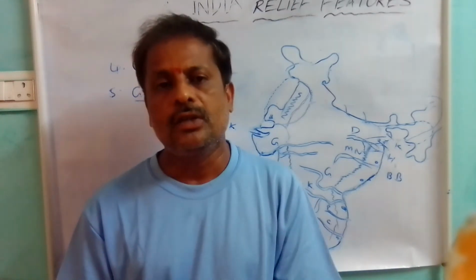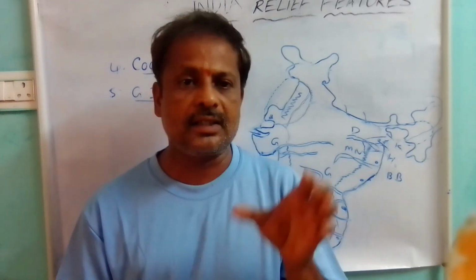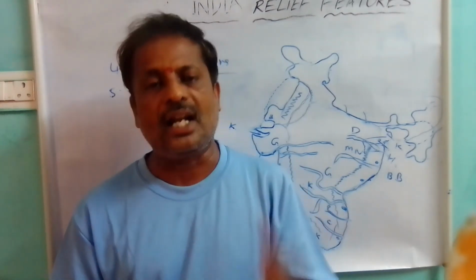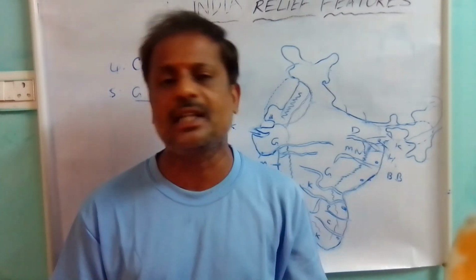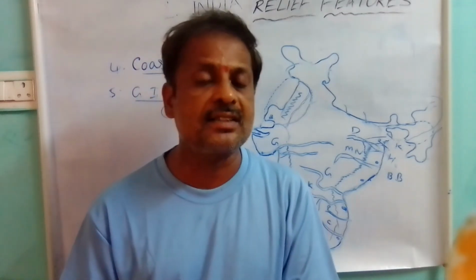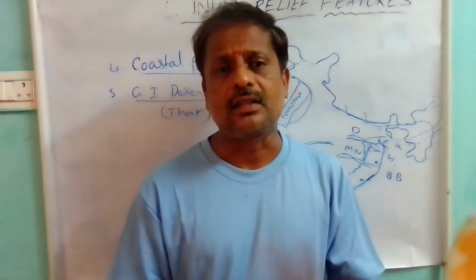Maximum visitors come to see the scenic beauty of Jaipur and the construction style of the buildings in Jaipur, because it was once ruled by the Rajput kings and queens. So this is about the Thar desert.